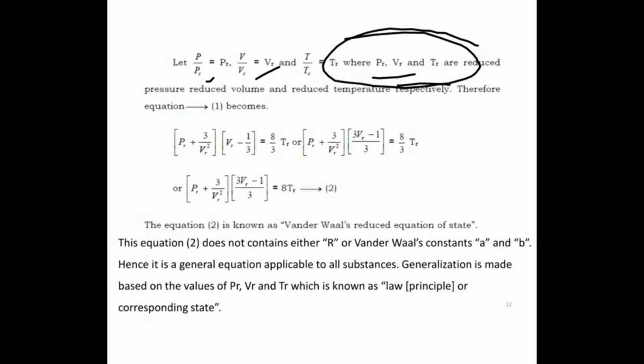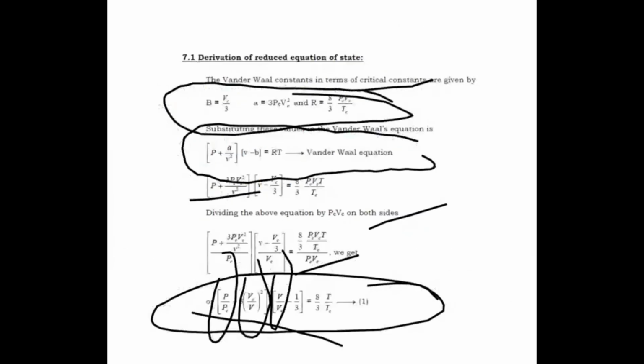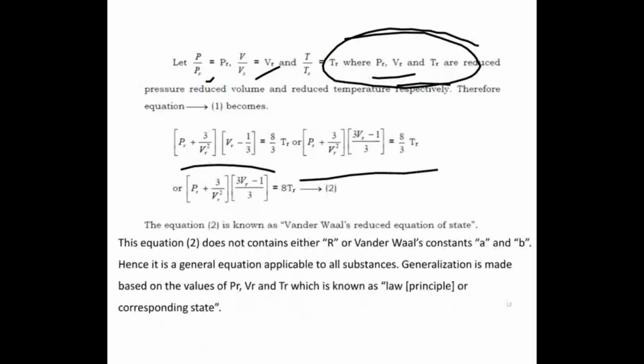Therefore equation 1 can be written with 8 by 3 T by Tc, where T by Tc can be replaced by TR, so 8 by 3 TR, as you can see here.